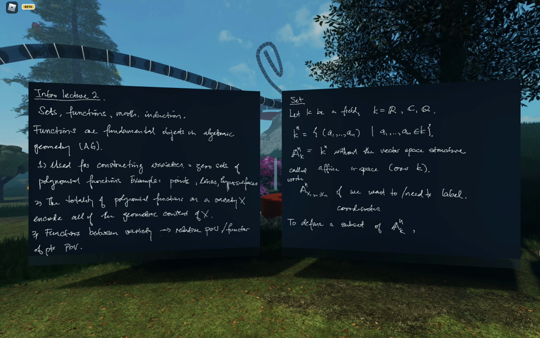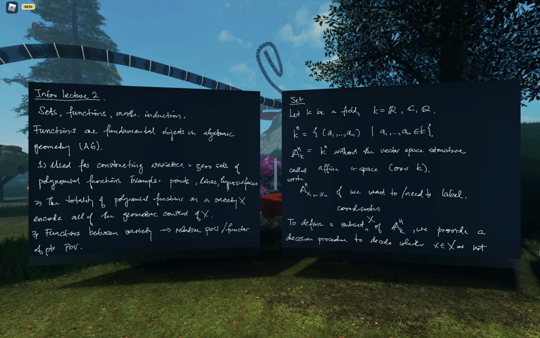So we provide, I guess I'm going to call it, a decision procedure to decide whether a point is in X or not. So I can define a subset X of this. We've seen examples like this before.